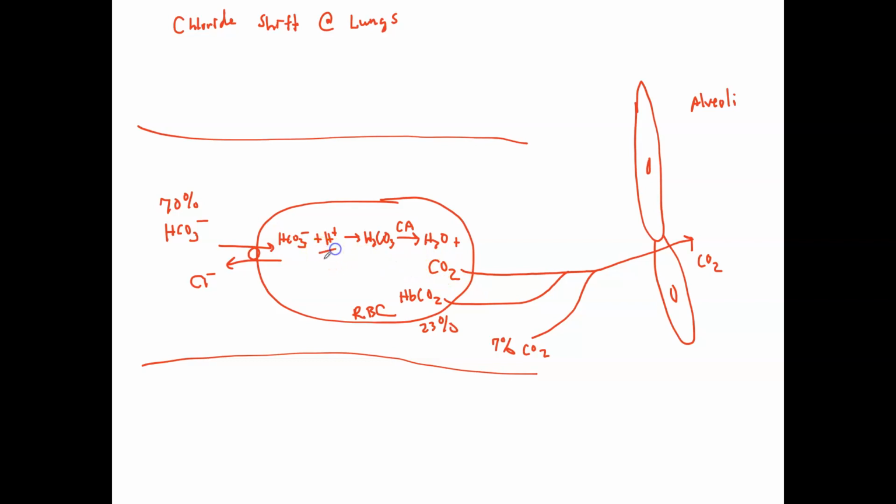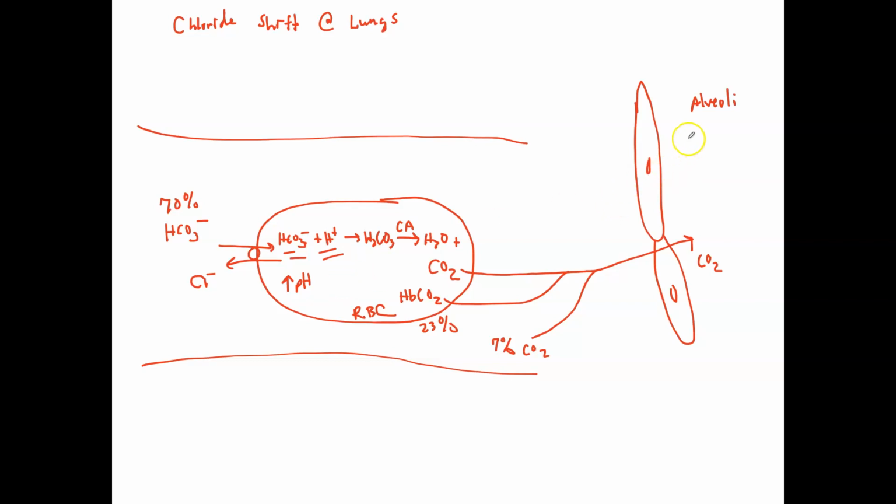Because hydrogen ions are combining with bicarbonate, we're going to see an increase in pH within the red blood cell. So the red blood cell is going to become more alkaline, and this actually is going to increase the affinity of hemoglobin to bind oxygen.